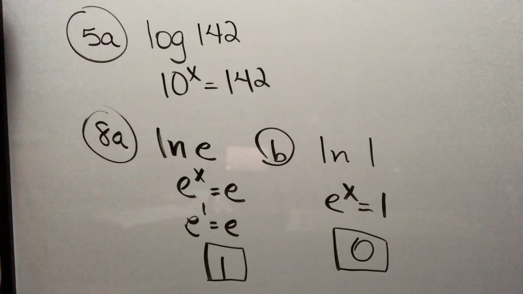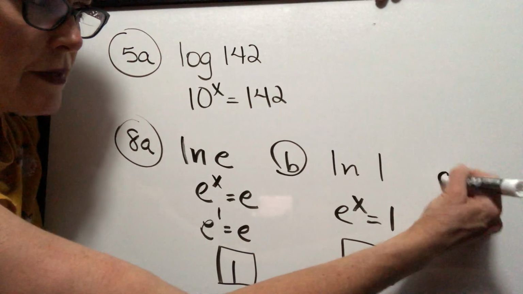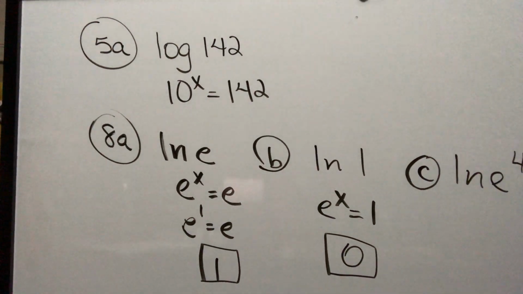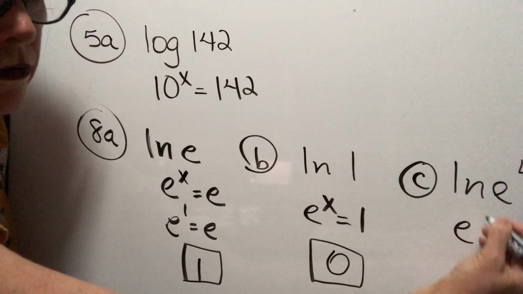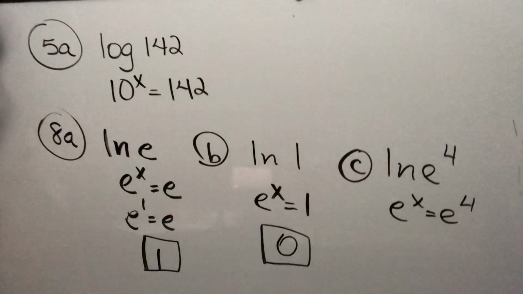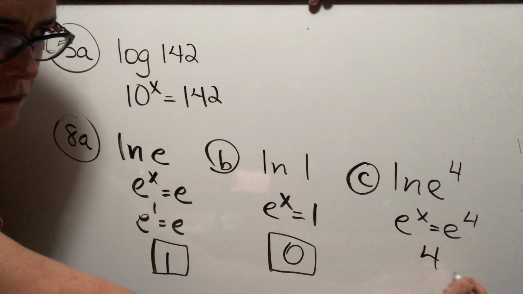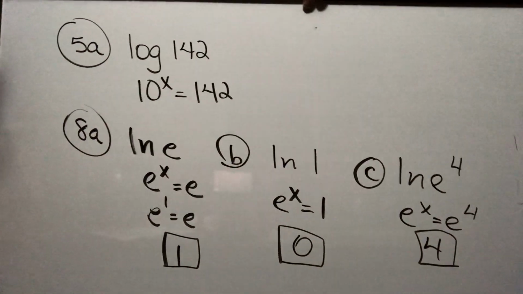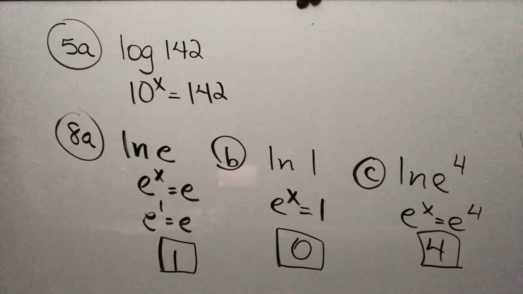So your answer is 0. And then there's one more example, natural log of e to the 4th power. You would be figuring out what power of e would give you e to the 4th. So of course that would be 4, the exponent. So some of them you can do without a calculator if they are of this type.